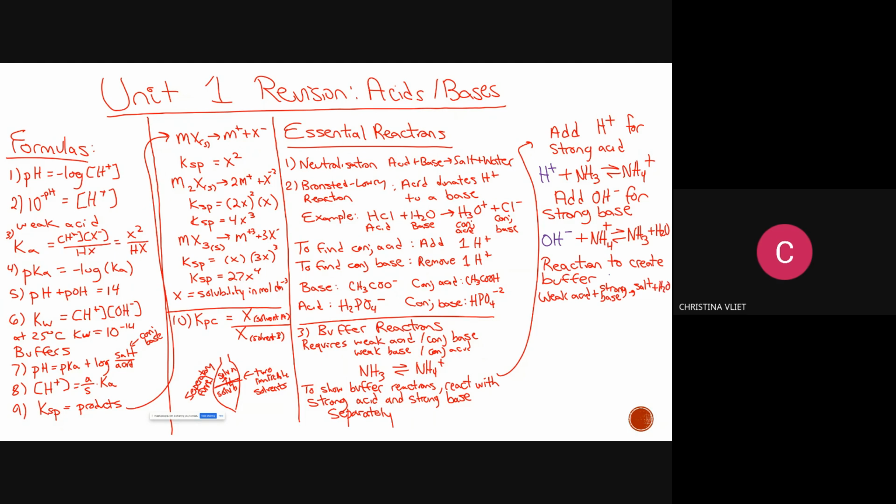That's the reaction to create a buffer. We saw that in the bell work today, when we did the mole table. We took an amount of weak carboxylic acid, reacted it with strong base, got salt and water, made a mole table, got the amounts, and then went from there.